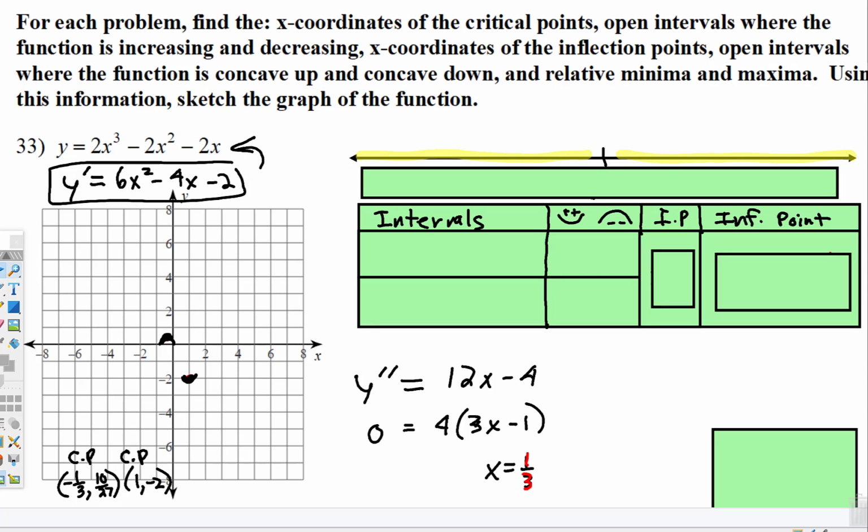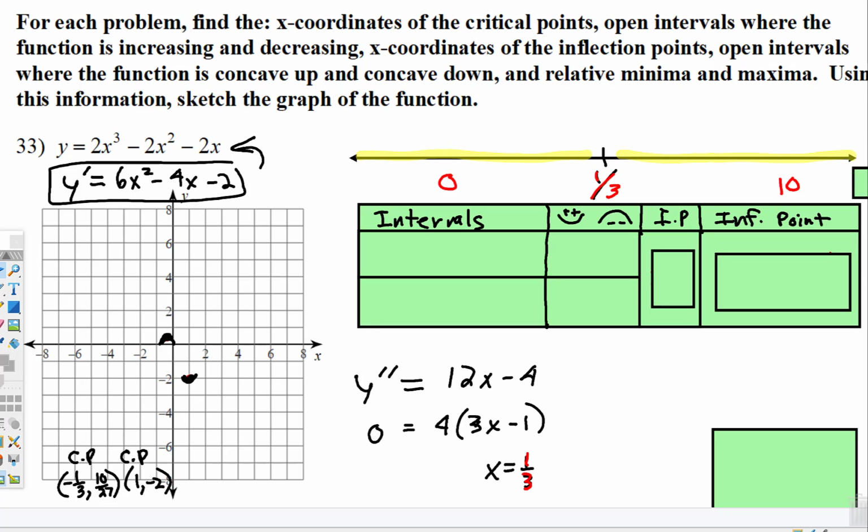So right here, we've got x is equal to 1/3, and that breaks the number line into two intervals: the interval going from negative infinity up to positive 1/3, and positive 1/3 going to positive infinity.